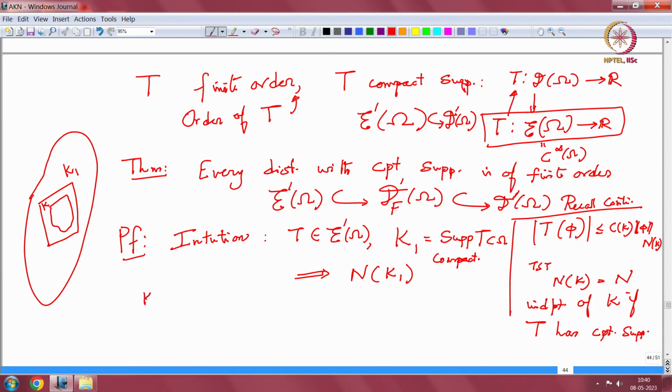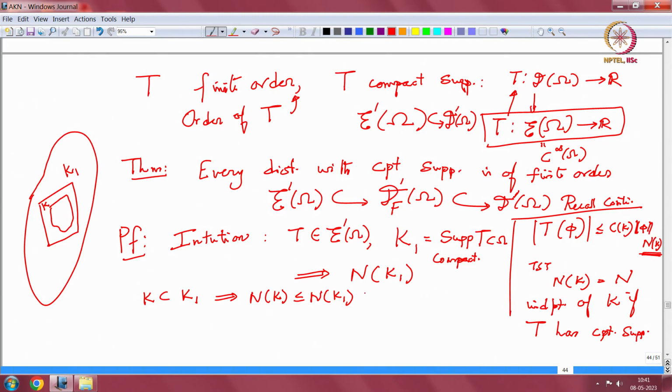Suppose K is contained in K1. Then immediately this implies that the bigger the compact set, your number will only increase, because if N_K1 works, that is true. The reason is that N_K is how many derivatives are needed. So if you have bigger and bigger sets, you may need more and more derivatives to estimate, but if the compact set is smaller and smaller, you don't need it.